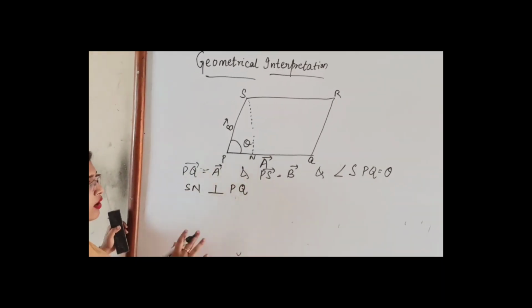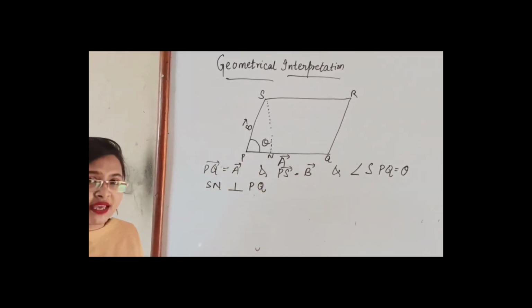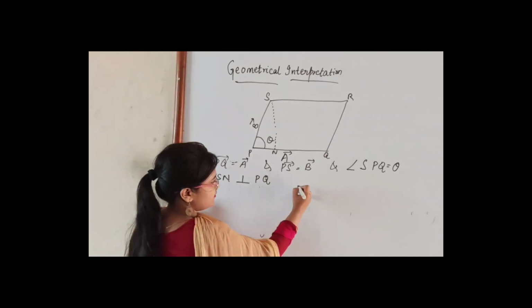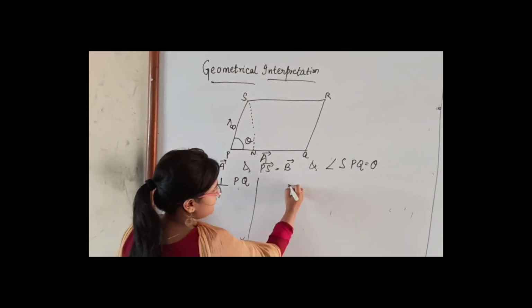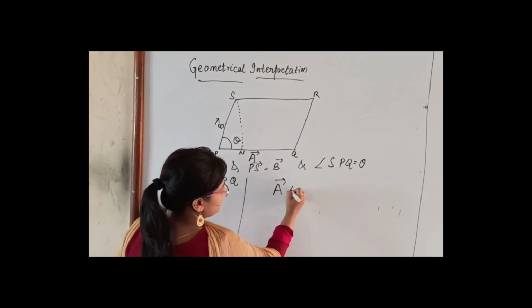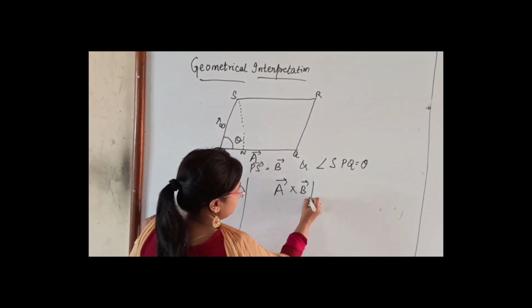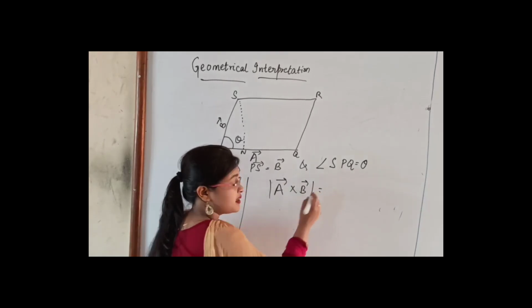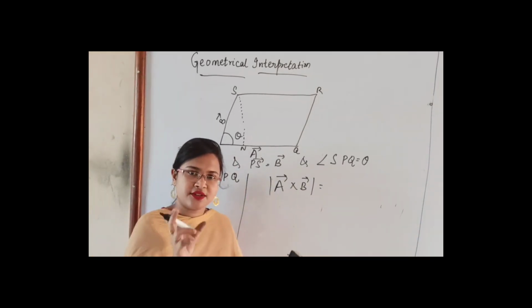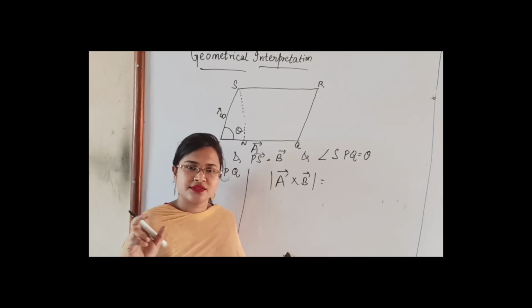Clear? Now I wish to find out the magnitude of A cross B. We know that A cross B gives a vector which has a magnitude as well as a direction.